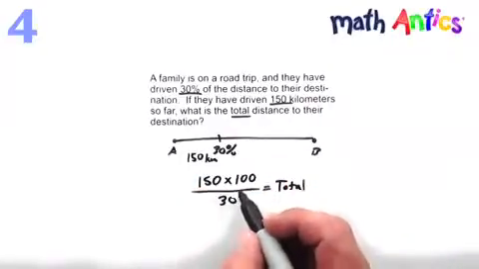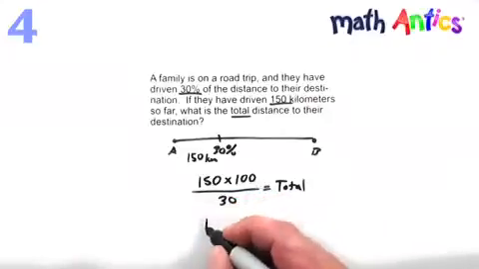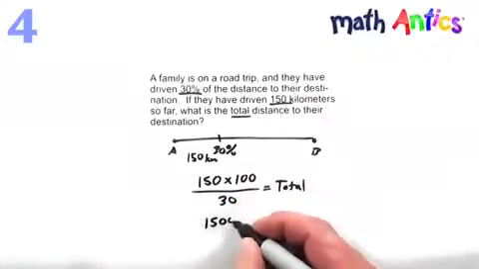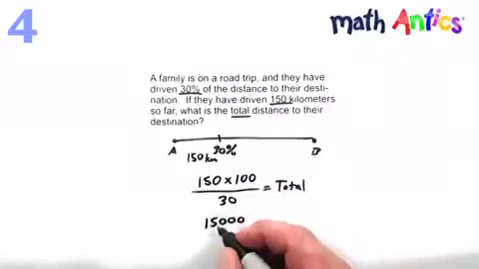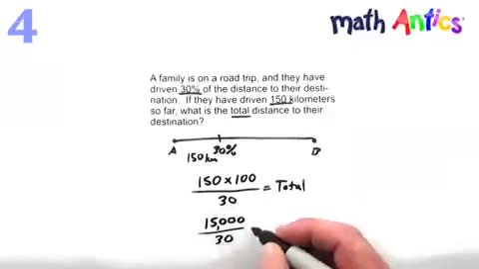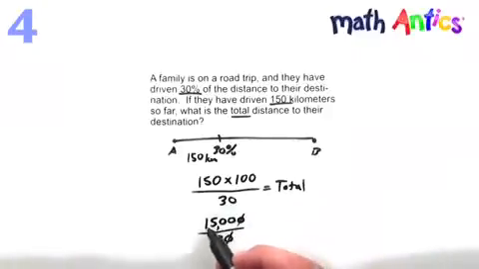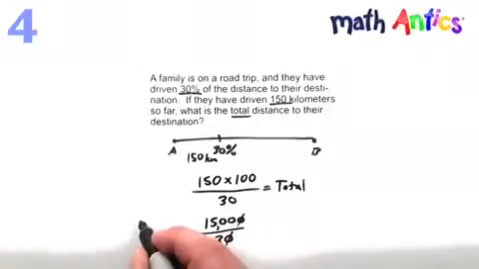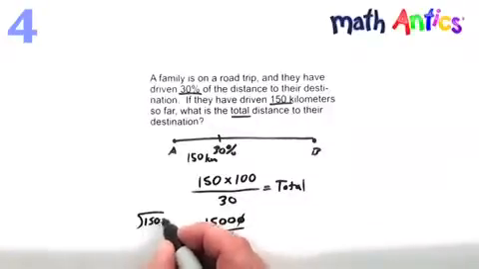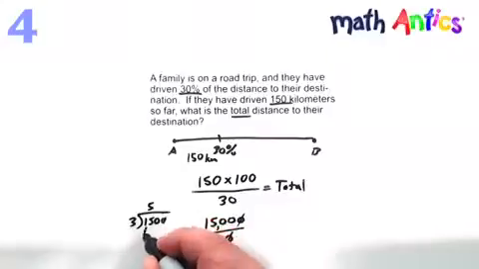So let's do this multiplication. 150 times 100 is just going to be 150 with 2 more zeros on the end. Easy way to multiply by 100. So that's 15,000 divided by 30. We can cancel one of the 10s, so we're basically going to have 1,500 divided by 3. If you need to work that out, you can, like this, or you can use a calculator. 1,500 divided by 3. 3 will go into 15 5 times.